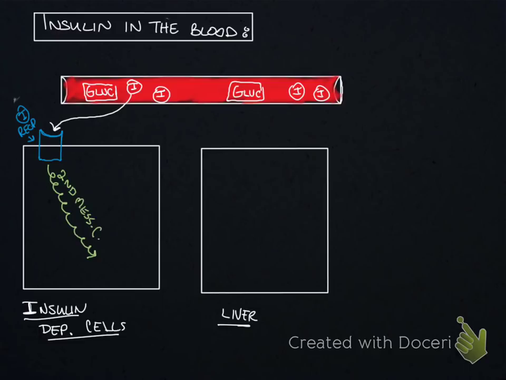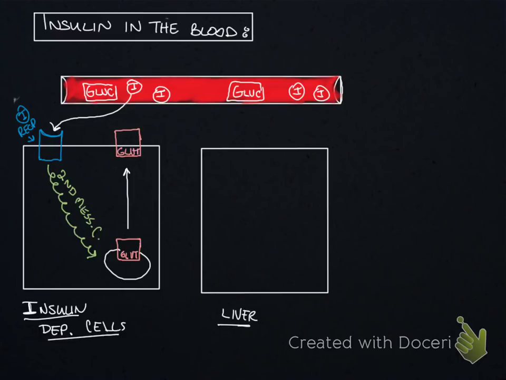In these insulin dependent cells are vesicles that are holding transporters, specifically glut transporters. And what this second messenger does is it causes exocytosis of this glut transporter to the cell membrane.